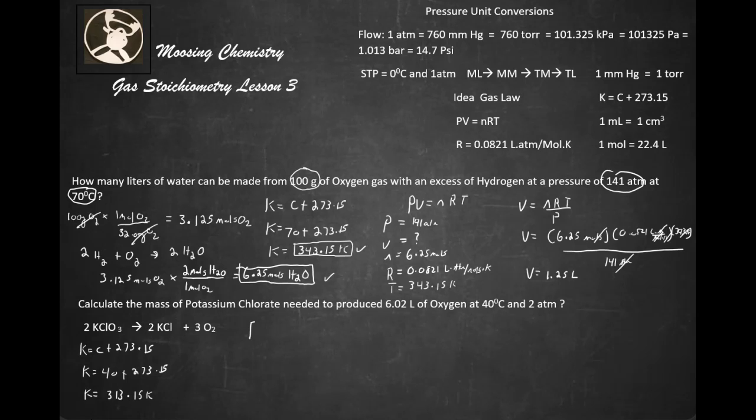So we go PV equals nRT. Let's see if we got all our necessary players. We got P, we got n, we got R, we got T, and we should put a V right there. So our pressure was 218. Our volume was 6.02 liters.